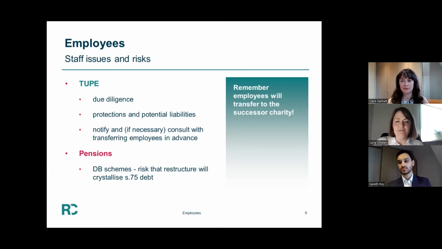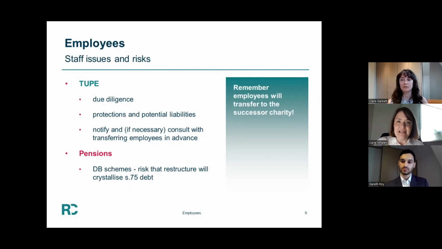TUPE is a piece of legislation that automatically transfers the employment and the employment contract rights of staff between one organisation and another in certain situations. As I said, in most cases, TUPE will apply on a full incorporation. It's possible that there might be asset transfer arrangements where TUPE wouldn't apply.